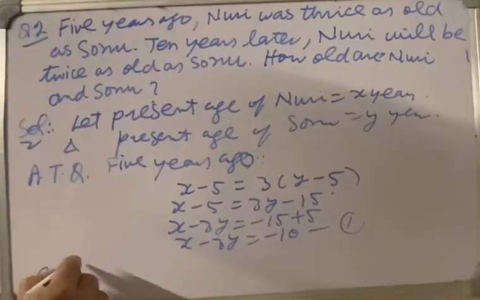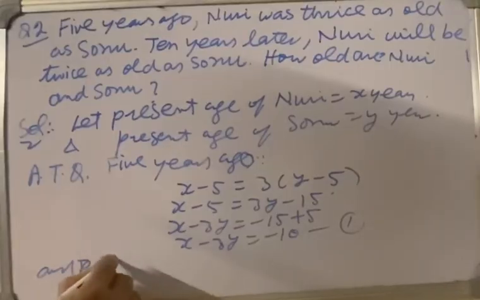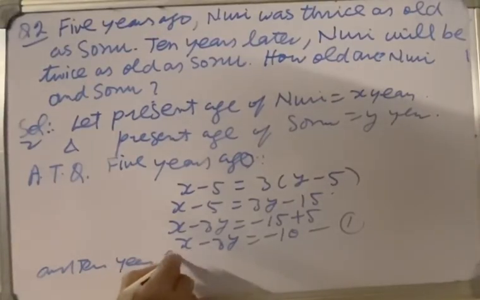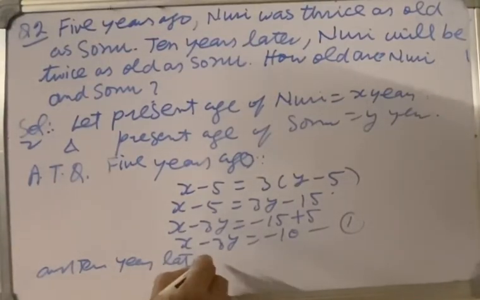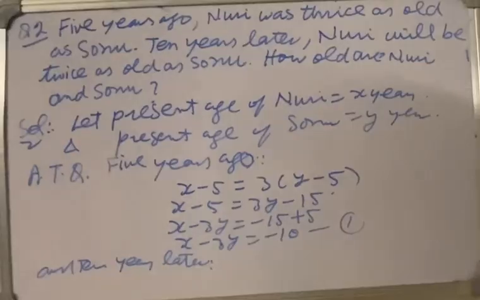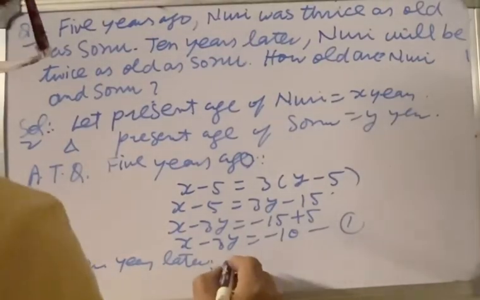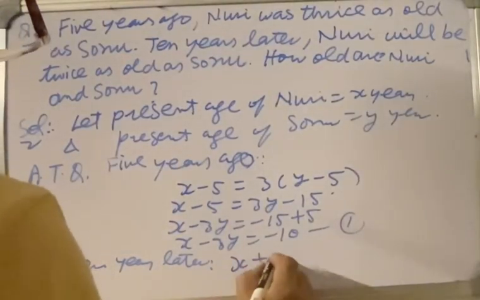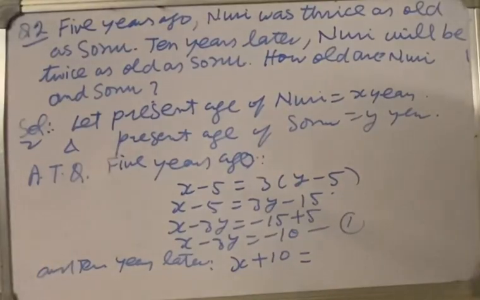And 10 years later, the present age of Nuri is x. After 10 years, it will be x plus 10. It will be twice as old as Sonu. The age of Sonu after 10 years is y plus 10.